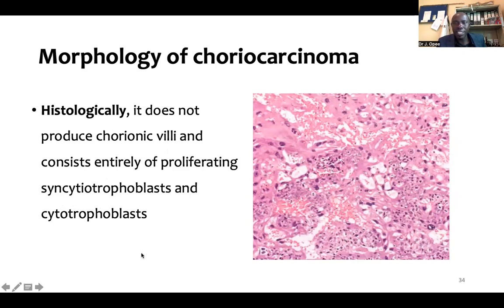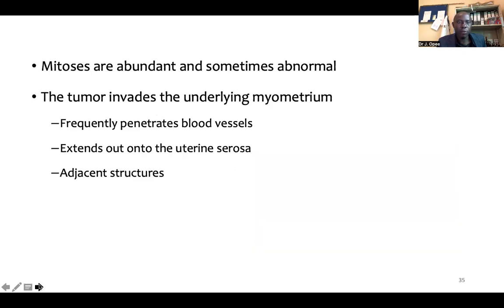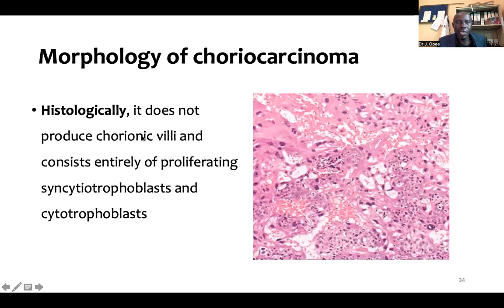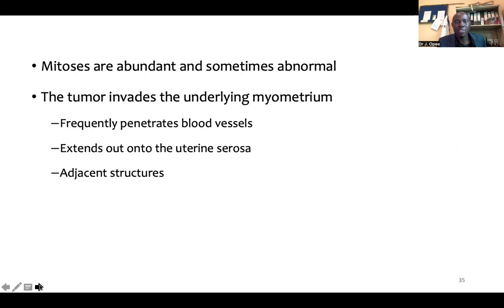You can see this staining. The pathologists always learn this even more. But for your case, you just need to know that there are absent chorionic villi in choriocarcinoma, unlike in the other GTDs. Very, very important to know. That's a very big difference when they report to you.